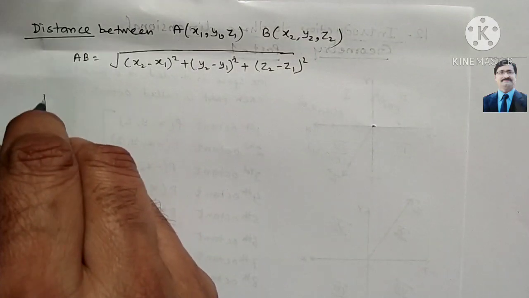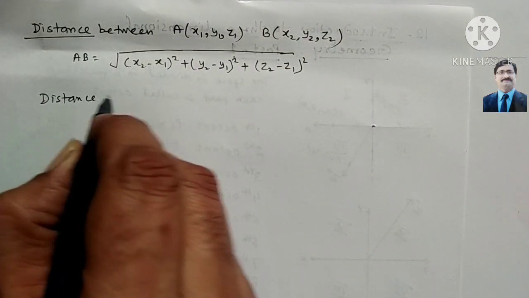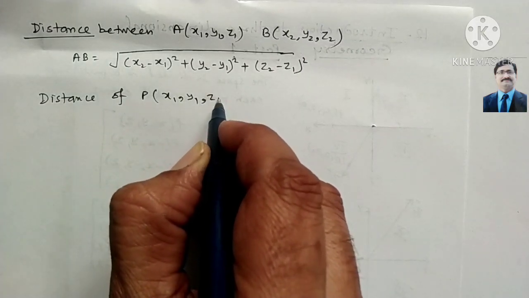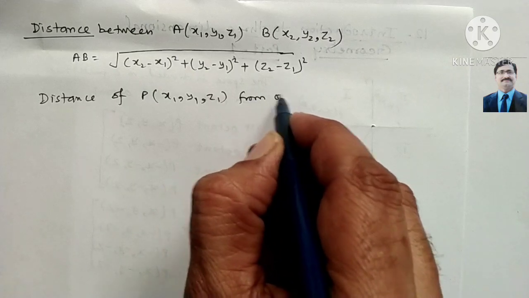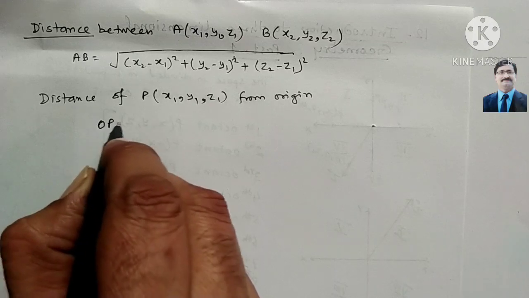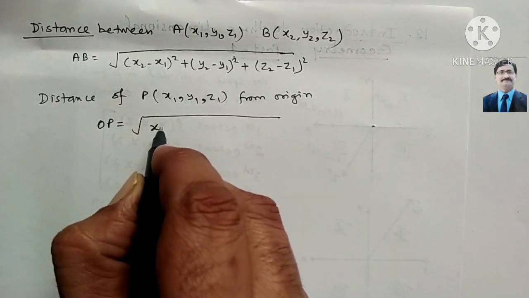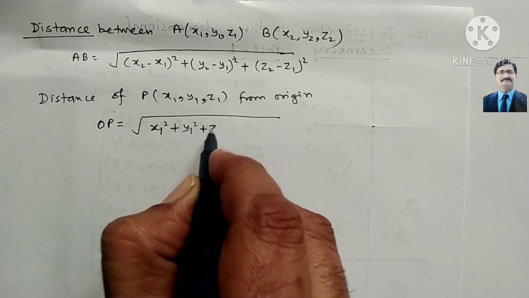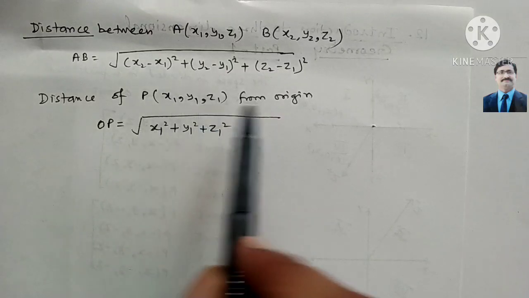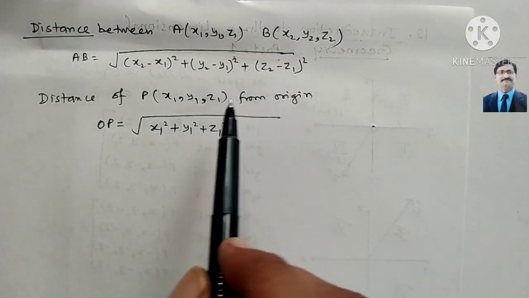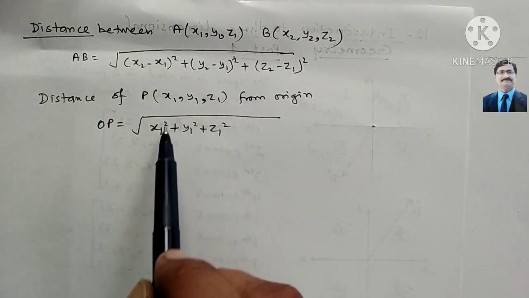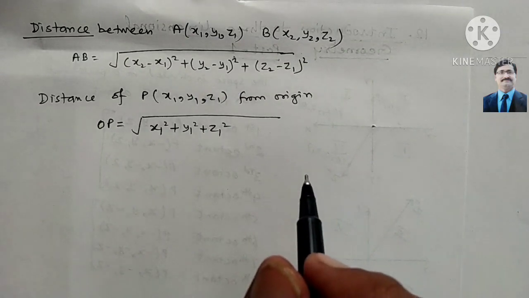And if we have to find the distance of any point (x1, y1, z1) from the origin, that is called OP, and this will be equal to, because the other point is 0, 0, 0, so (x1 minus 0) whole square, (y1 minus 0) whole square, and plus (z1 minus 0) whole square, means you can write the distance OP equal to root of x1 square plus y1 square plus z1 square.